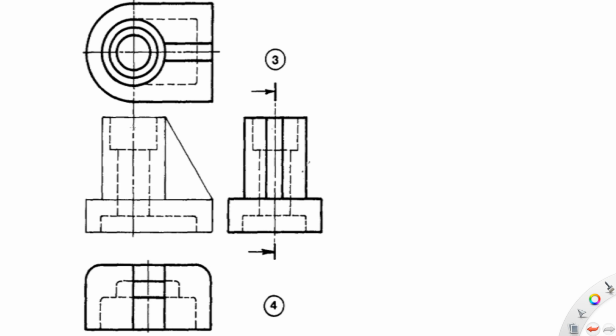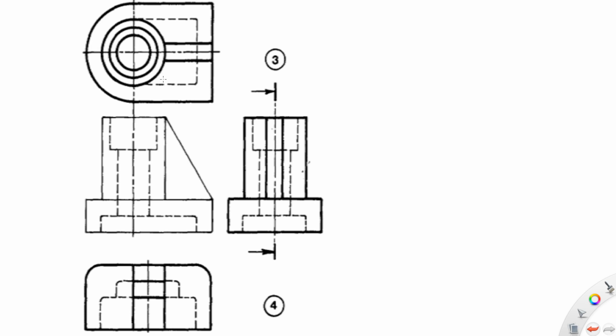You see that this hole at the end here will appear as this hole here, this circle there. Then you will also have this one here. This hole inside is the inner circle. Then the slot that we are having down here on the plan, we can see it showing like this.